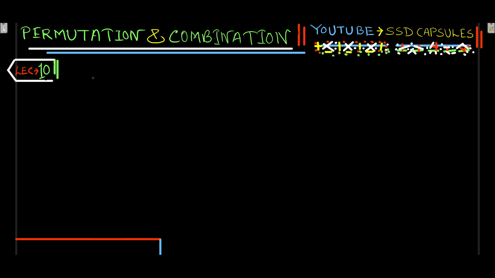Suppose this is person A, this is person B. So if he spreads his hand and he also spreads his hand from this side, then one handshake will happen. So here we cannot claim that two handshakes are constructed between A and B.